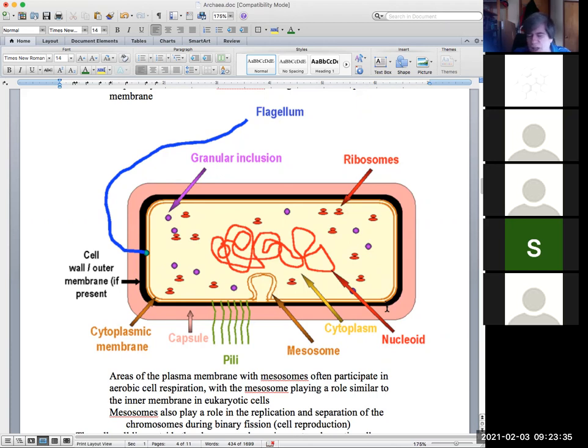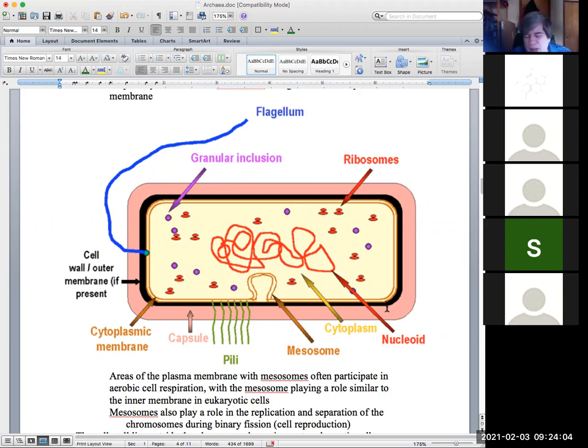Glycan comes from the same root as glycolysis or glycogen, and glyco refers to carbohydrates. So the cell wall in most bacteria is made of peptidoglycan, long polysaccharides, and the long polysaccharides are connected and held to each other by short chains of amino acids, peptido. So that's where the name comes from.